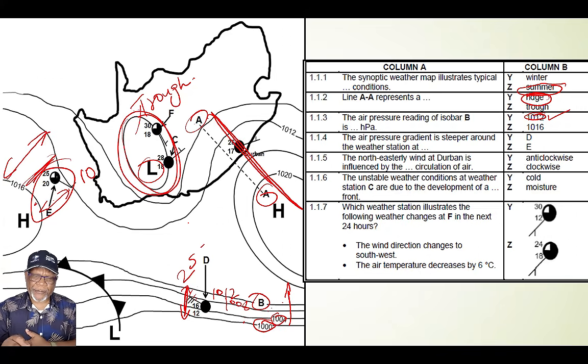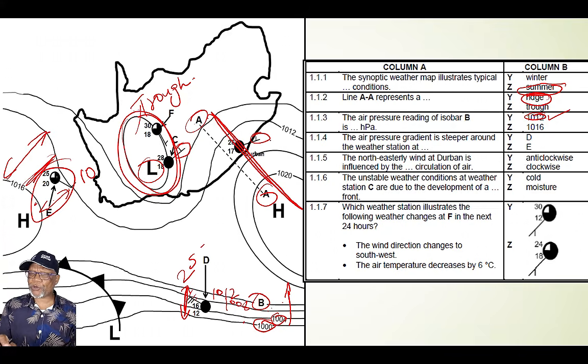And remember, this half barb is indicating 5 knots because it is a half barb, but it is not at the beginning. If you see a barb like this one, it is also 5, also indicating a gentle pressure gradient with weaker wind speed.